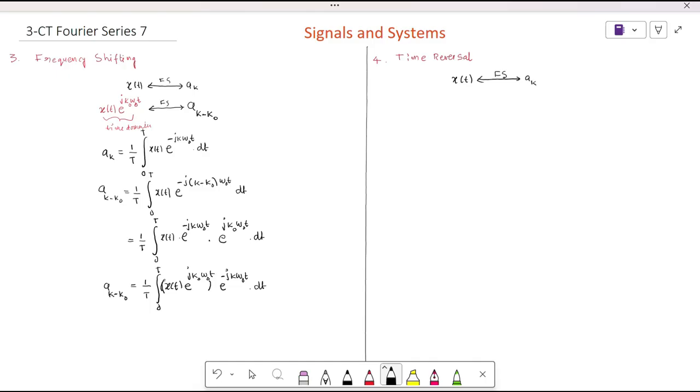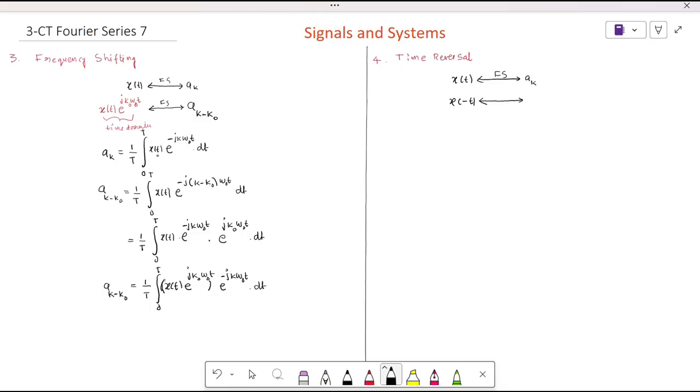Now I am applying time reversal, a transformation of the signal, so x of minus t. For this change in the time domain, what is the change in the frequency coefficient?